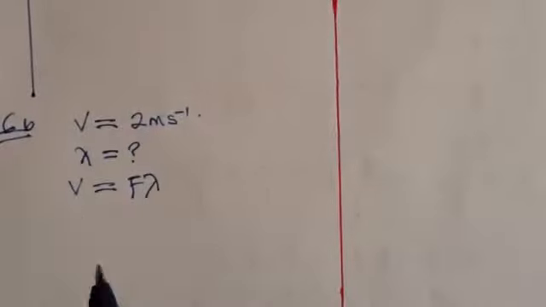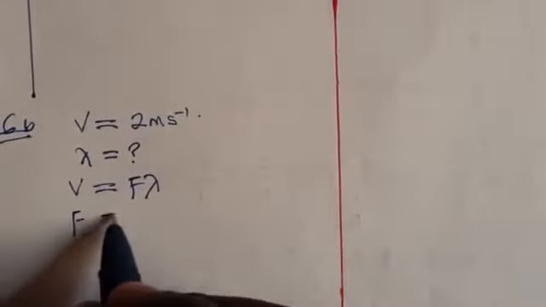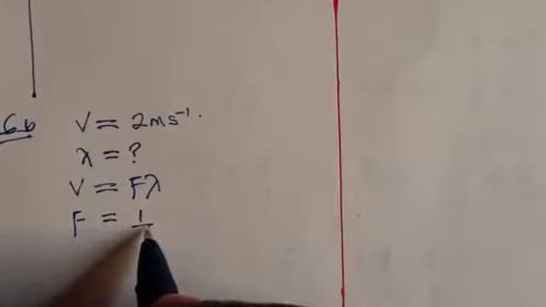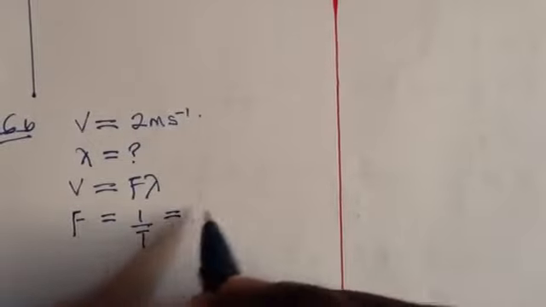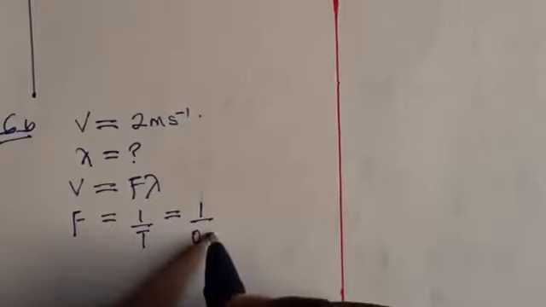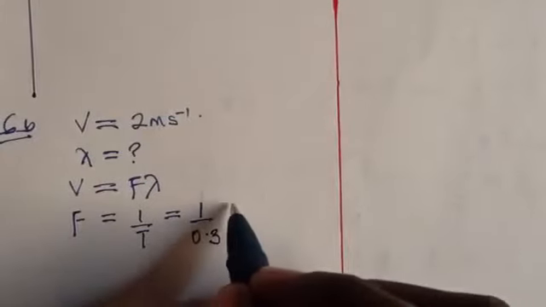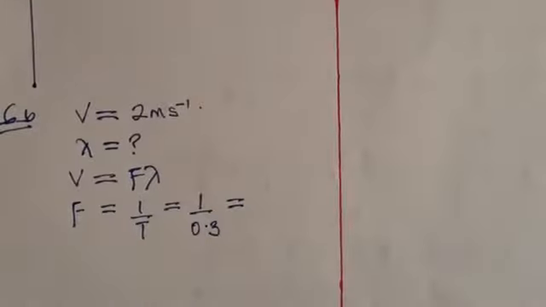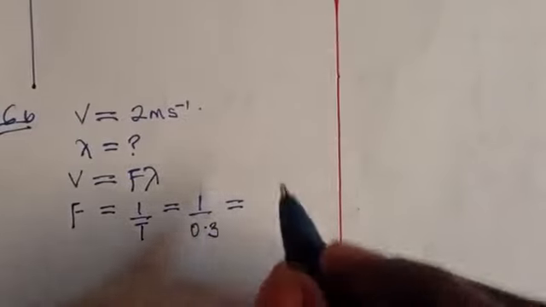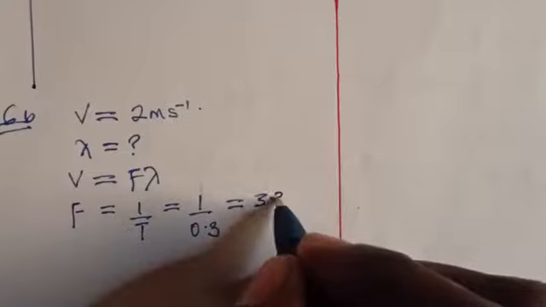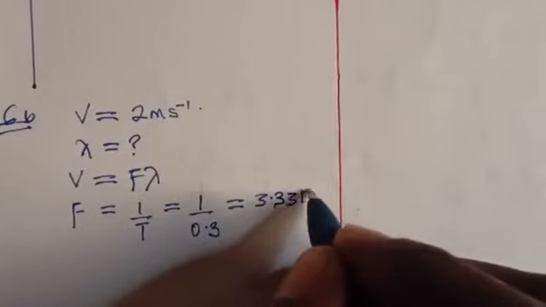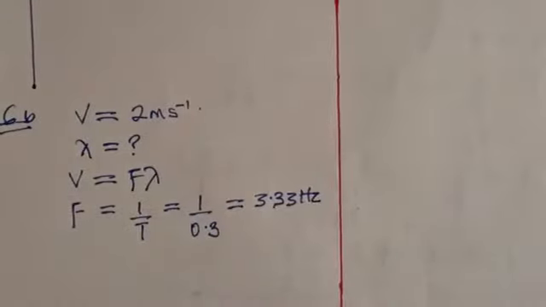Frequency is equal to 1 all over 0.3. What is 1 over 0.3? That gives us 3.33 hertz. Is that clear?